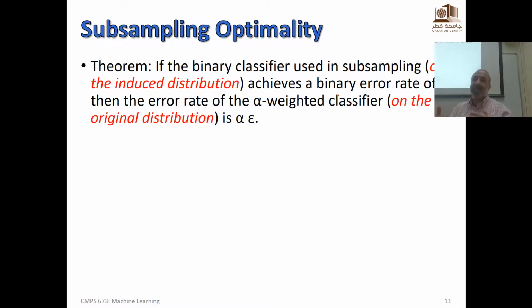What is the relation between the error of the binary classifier on the new distribution and the error of the classifier on the original distribution?